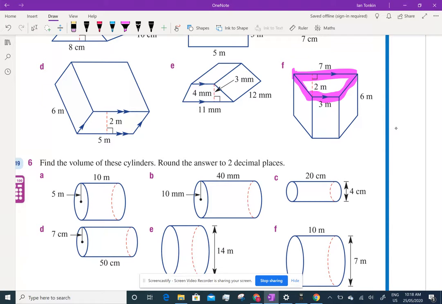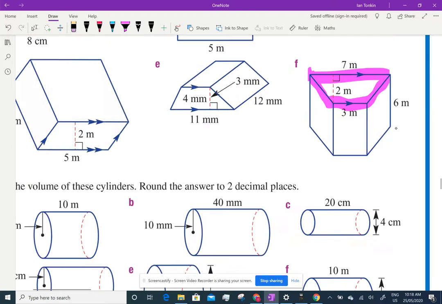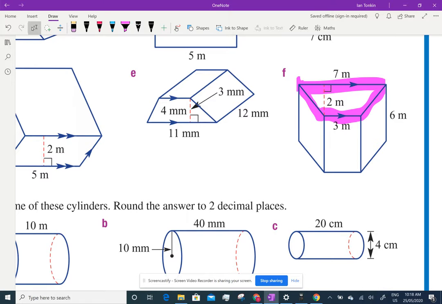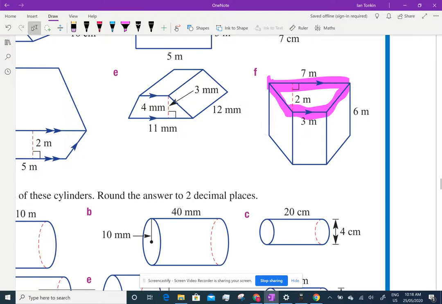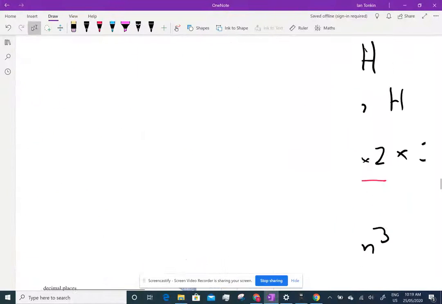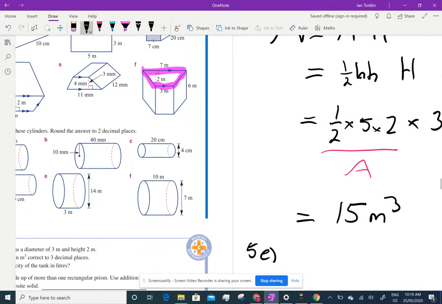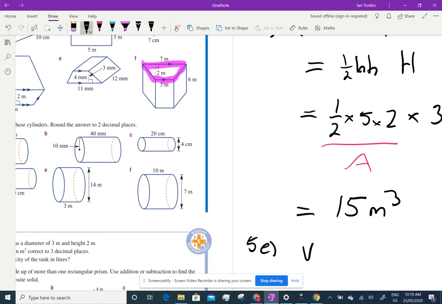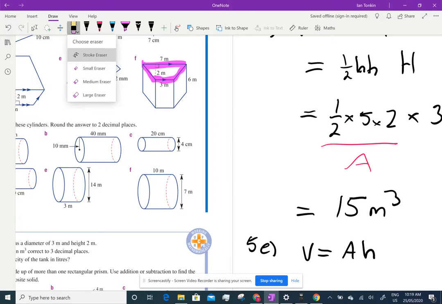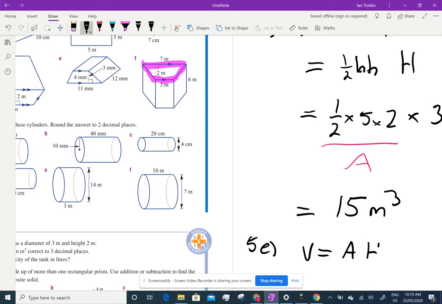I think you're going to have trouble with E, because I have to find the area of that, and it's a strange shape. So I'm going to do E, and then I'll let you have a go at the other ones. So 5E. Remember, volume equals AH. I'm going to use a capital H because there's going to be another h in one of my formulas here.